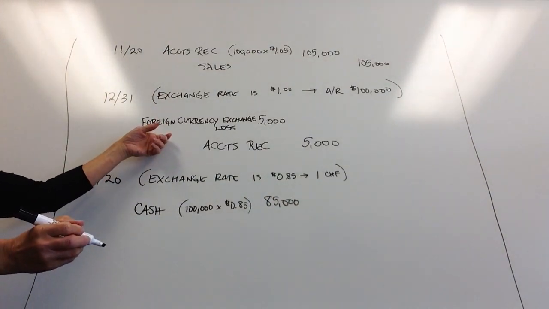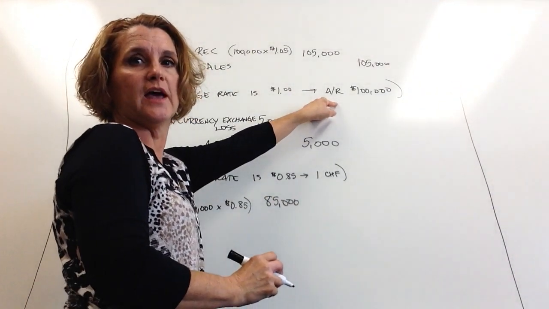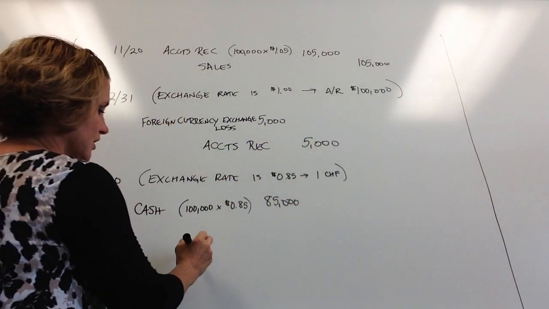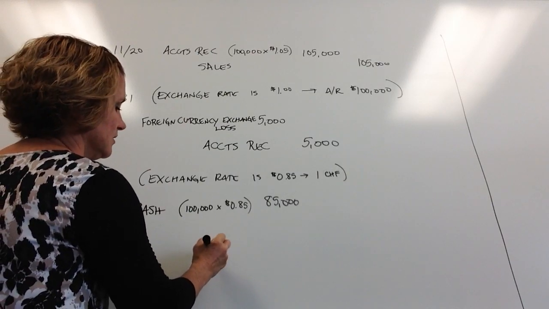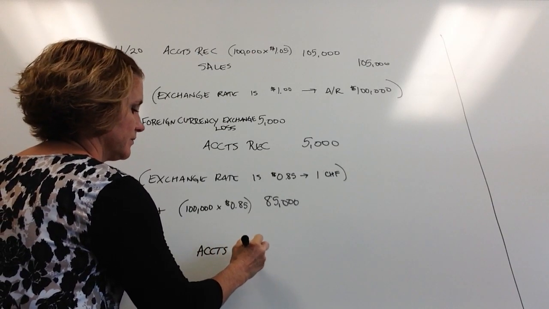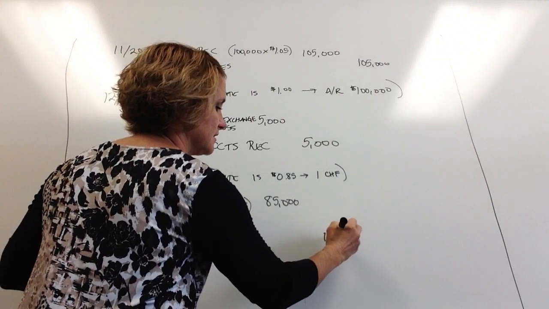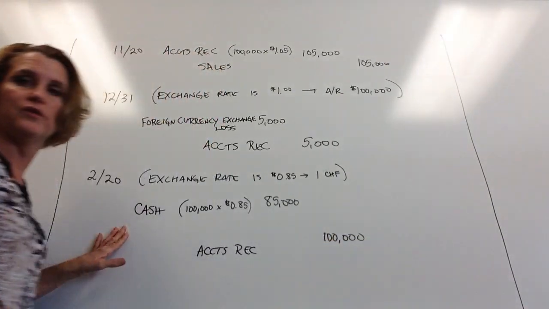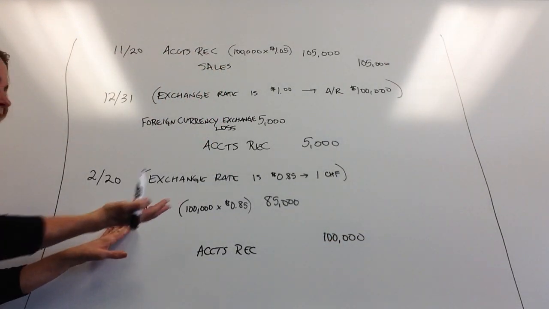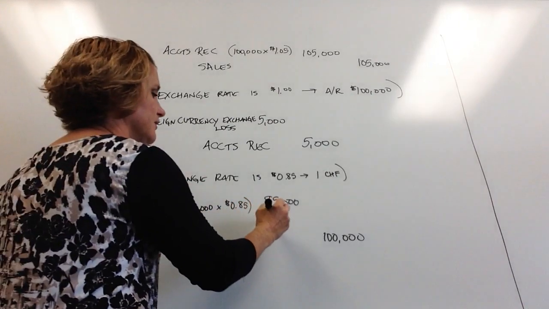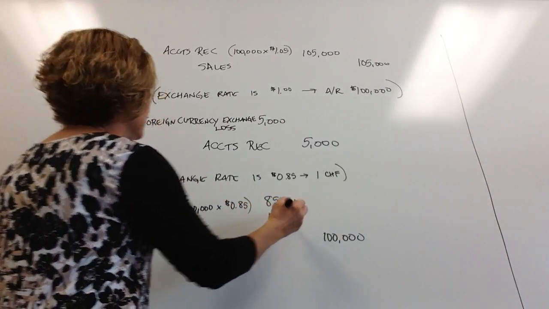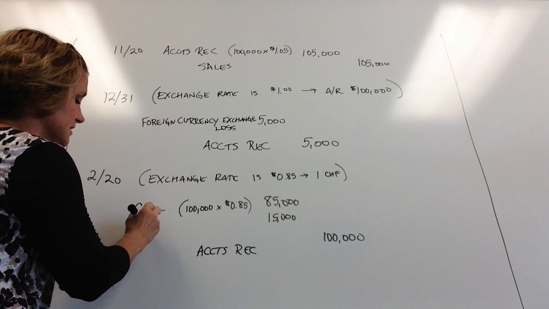We have an accounts receivable on the books at 100,000. So we're going to credit our accounts receivable 100,000, because again we have to remove it completely when they pay us. But now we have a $15,000 difference, and our 15,000 difference is another loss.